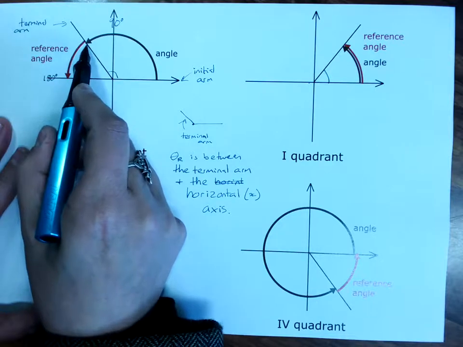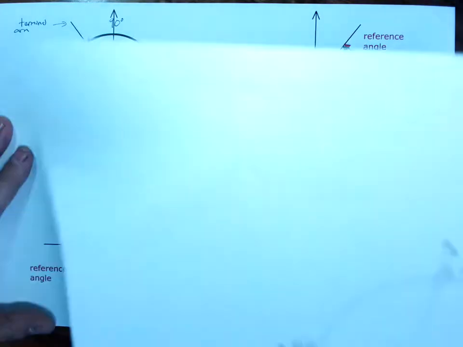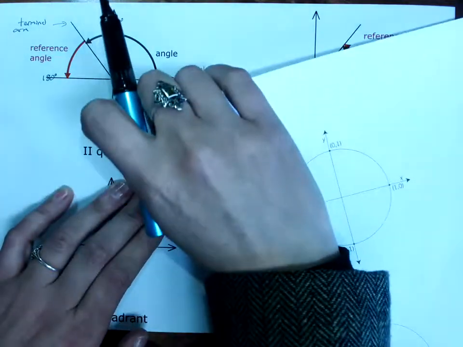Now the reason this is the reference angle for that comes back to our unit circle, which is upside down.